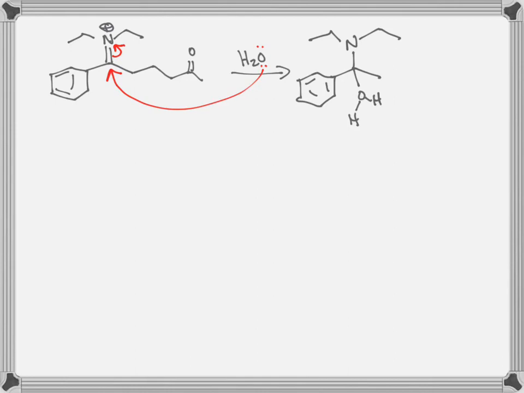Since the nucleophile was a neutral water molecule, it still has a positive charge on the oxygen because the oxygen's got 3 bonds instead of 2. So the next step is deprotonation. This happens with some base that's in solution.